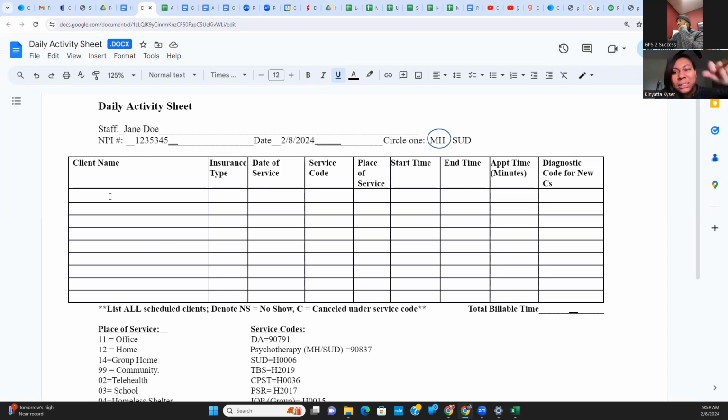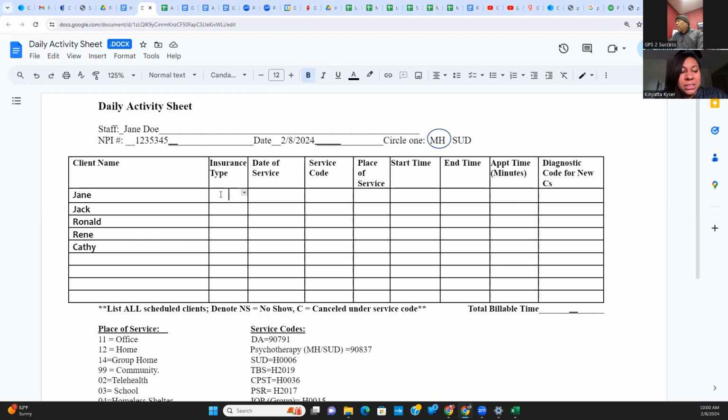Now, when the daily activity sheet is for a group only, you would put everybody who participated in that group, listing them individually. So everybody who showed up, and we do keep a sign-in sheet. When they come in, have them sign in on a sign-in sheet. I will send you one so you can have one to use.